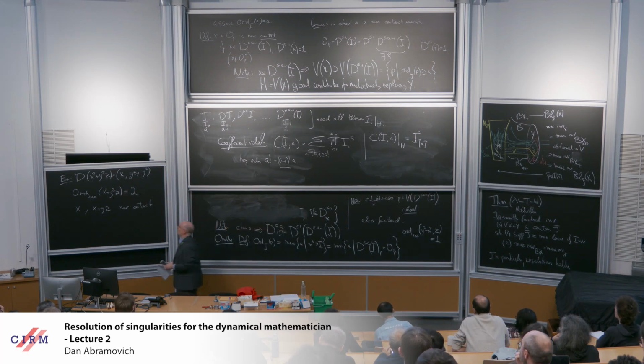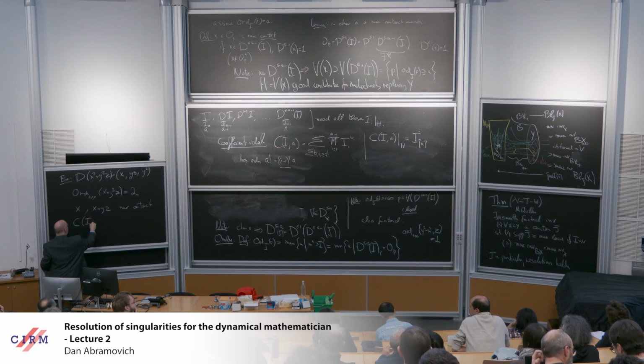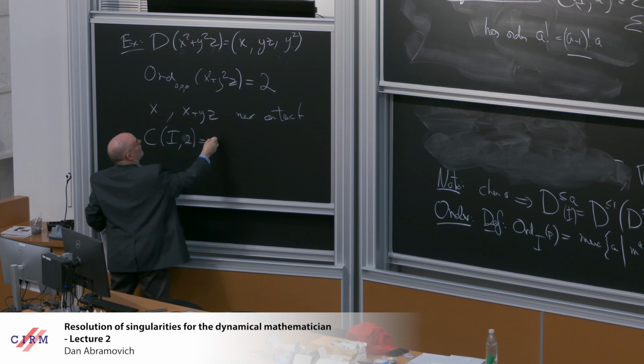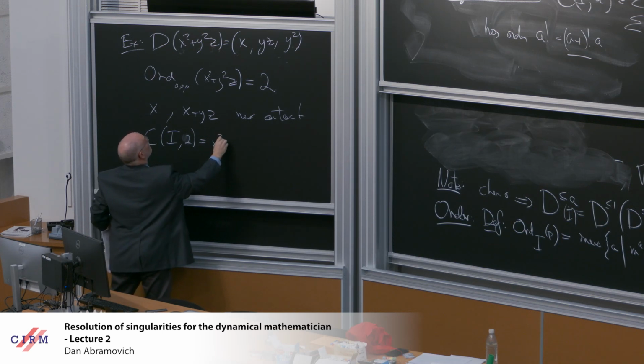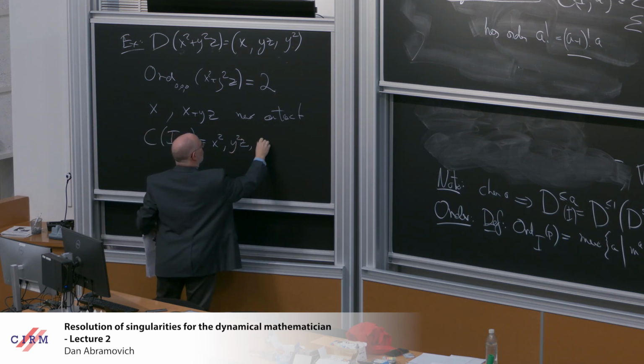The coefficient ideal of this, where a is 2, is, if you think about it, x squared, y squared, z y to the 4.